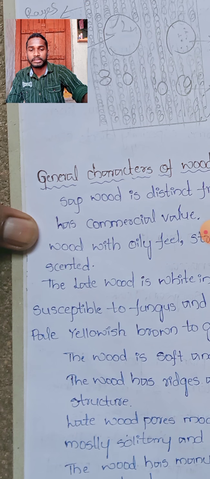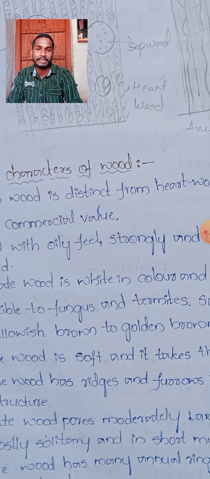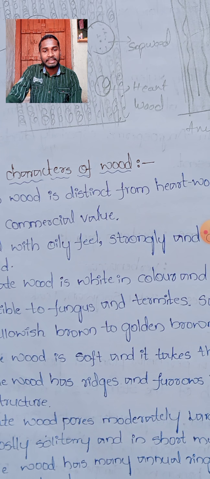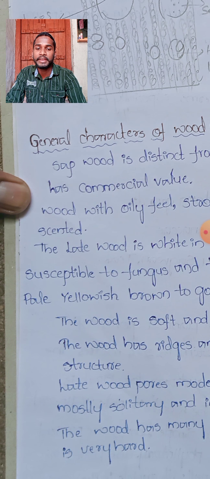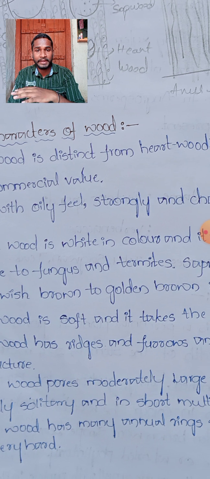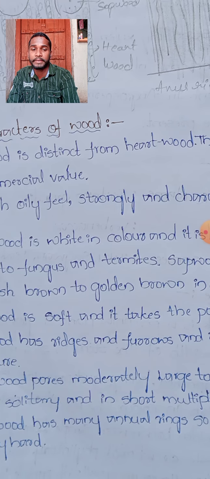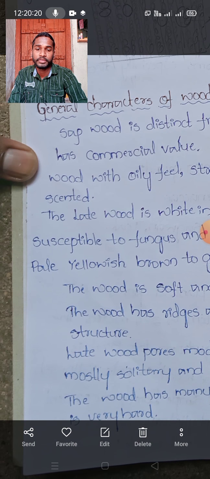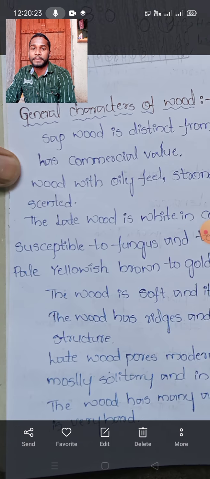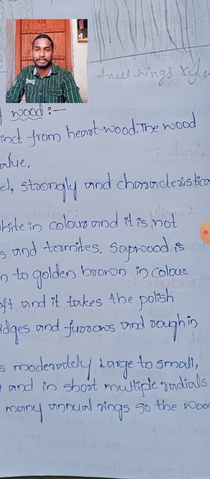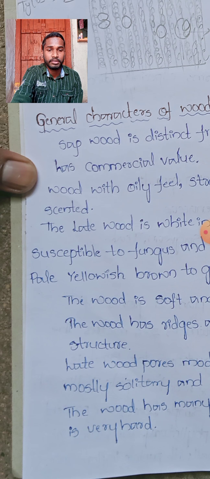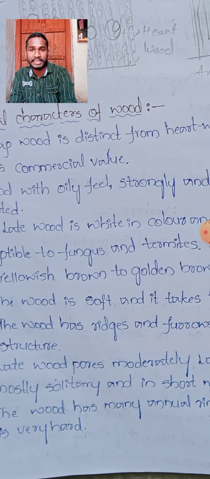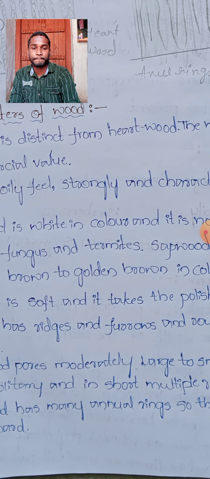The late wood is white in color, and it is not susceptible to fungus and termites. Heartwood is pale yellowish brown to golden brown in color, and the wood is soft, and it takes polish.